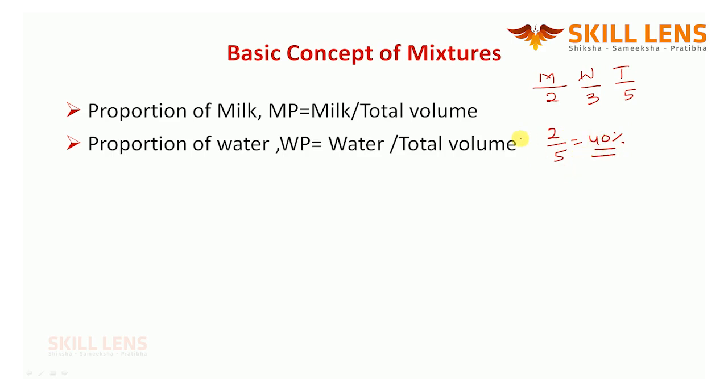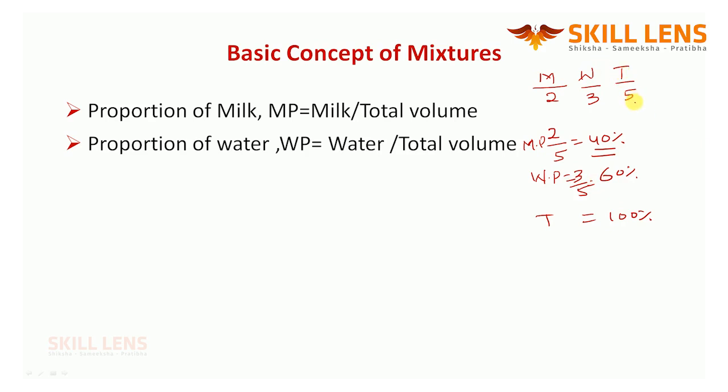If the milk proportion is 40%, okay, how about the water proportion? Because the total is always 100%, the water proportion automatically will become 60%. What is the 60% fraction value? 3 by 5. So this is how you can get your answers very easily when you know the concept.